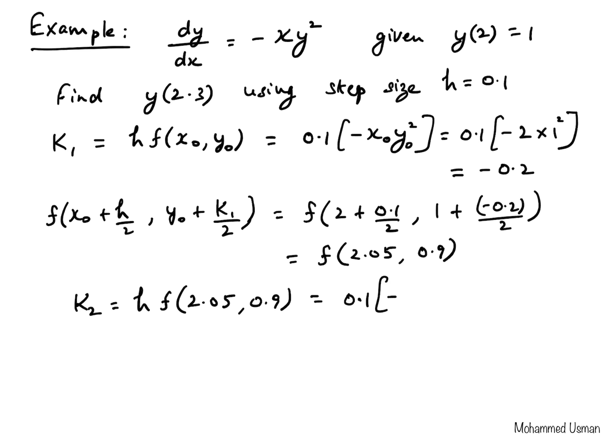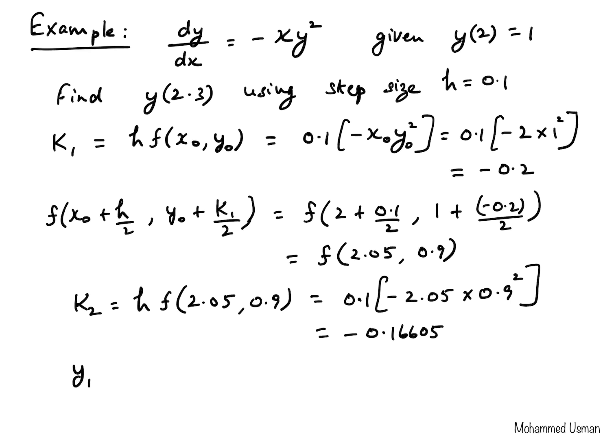So it will be minus 2.05 into 0.9 squared. So that will give us minus 0.16605. So that's our k2.